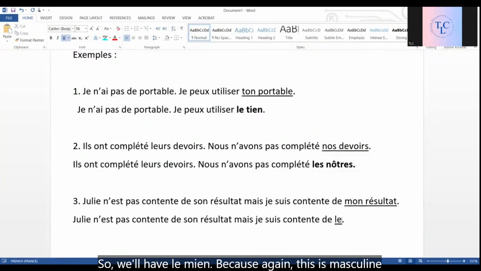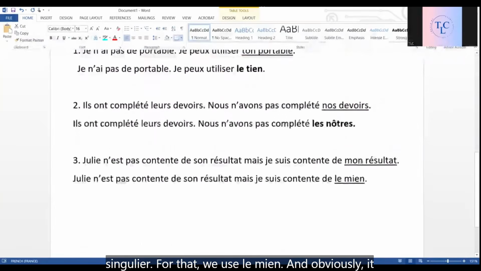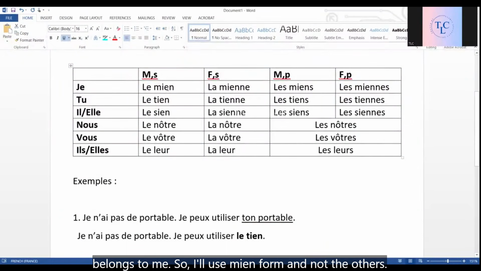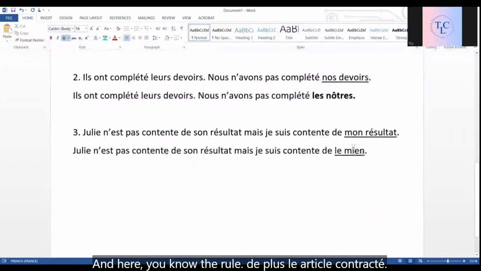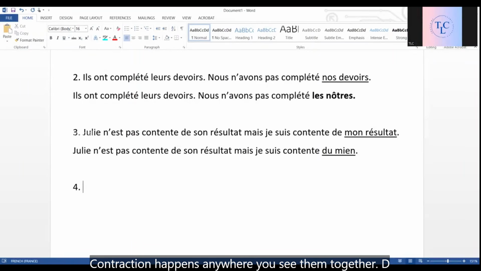So we'll have le mien because again, this is masculin singulier. And obviously, it belongs to me. So I'll use the mien form and not the others. And here, you know the rule, de plus le, article contracté. So it will be du mien. Contraction happens anywhere you see them together. D'accord, c'est tout ici.